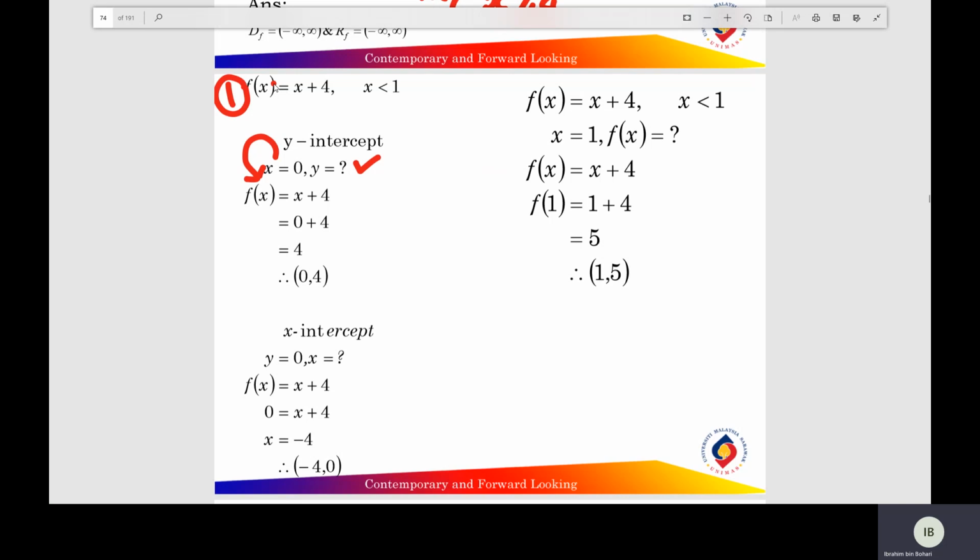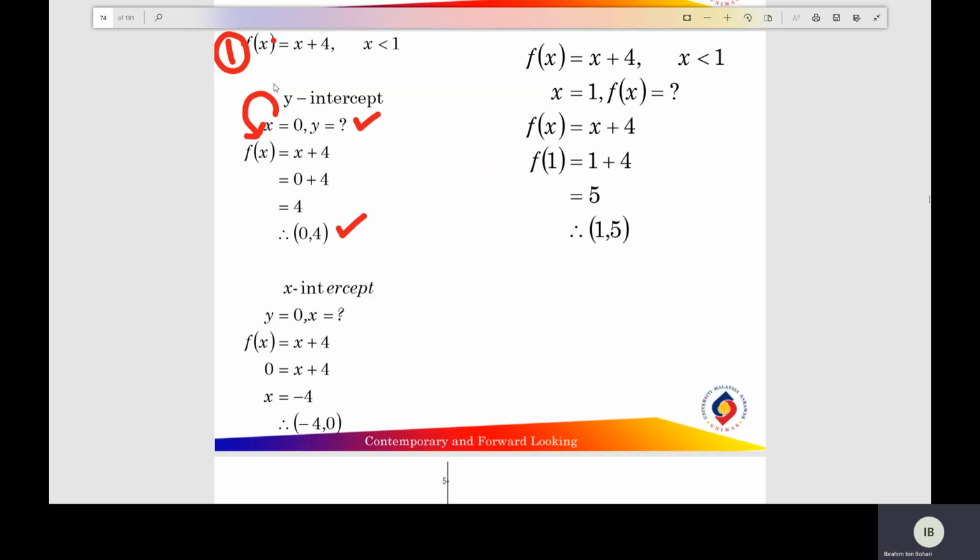So f(0) equals 0 plus 4, which equals 4, and the y-intercept equals (0, 4). And then find the x-intercept of the function. y equals 0, and you find the value of x. So here 0 equals x plus 4, and x equals negative 4. So the x-intercept exists at (-4, 0).